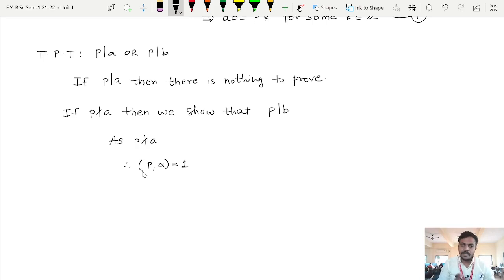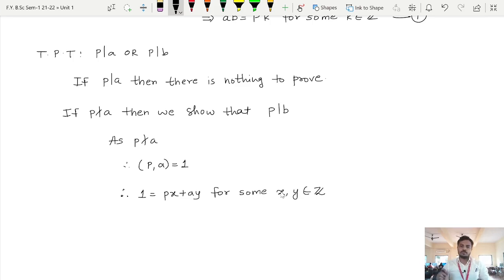According to that, any two integers have a GCD, and it can be expressed in the form of MA plus NB, right? So over here we can write this as Px plus Ay for some x and y belonging to Z.